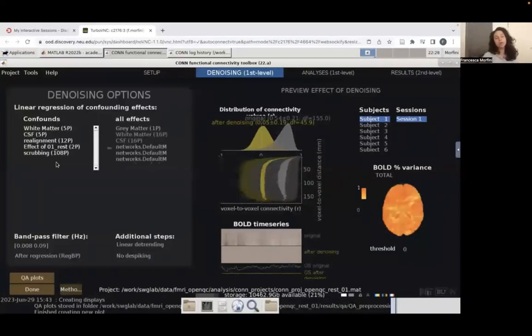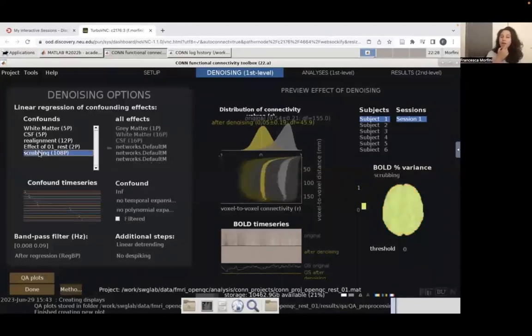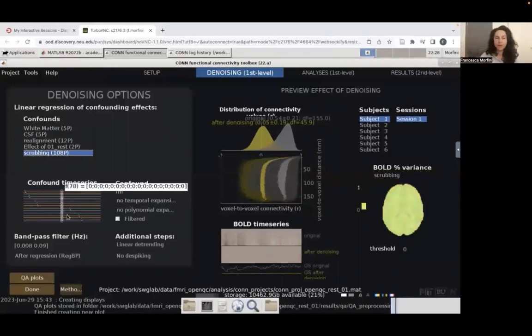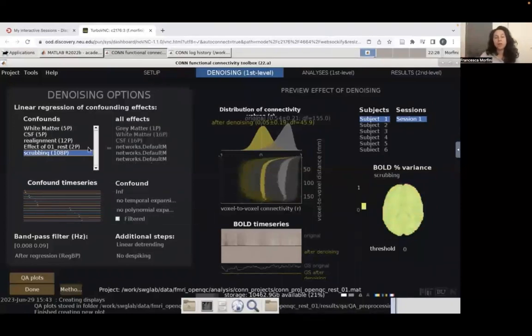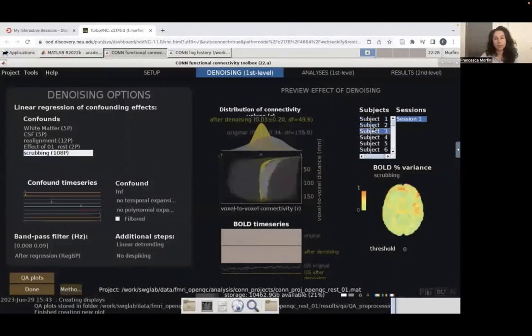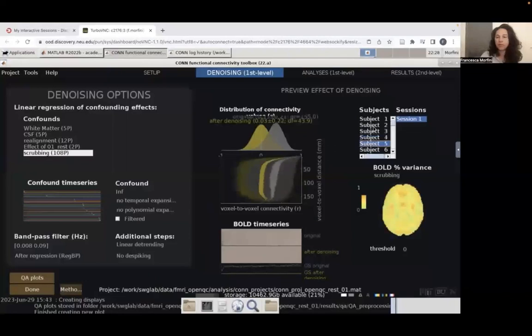Realignment parameters, and during processing, we had identified scans or volumes which have a high level of motion above a certain threshold that we had specified, and all of these time points are regressed out, and this is specific for each subject. So there might be a different number of volumes to be regressed out.